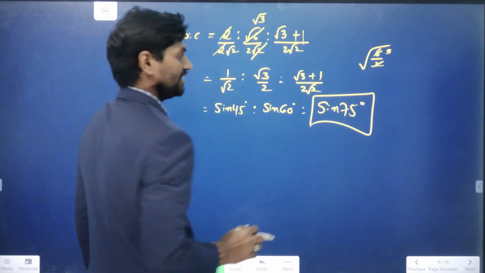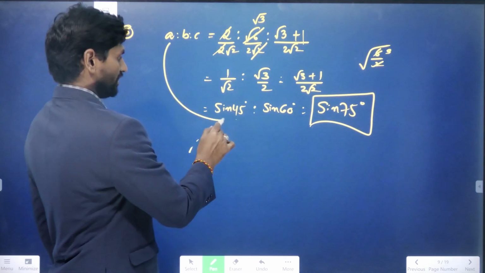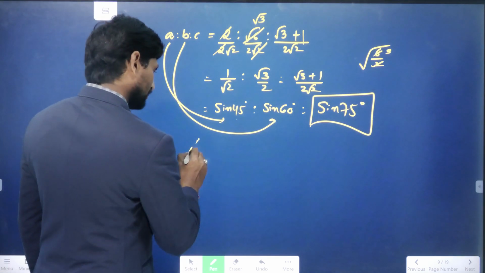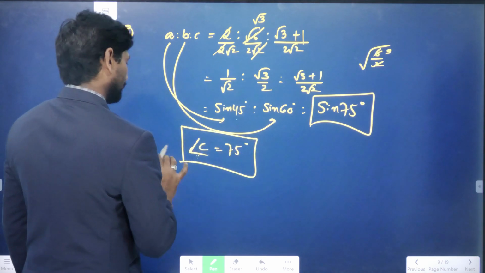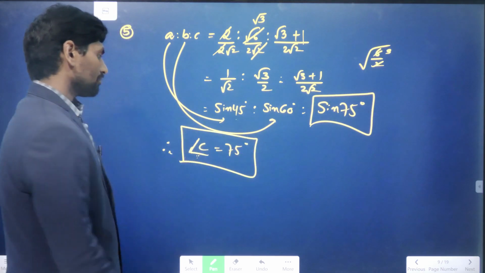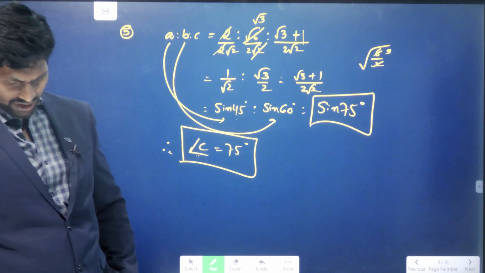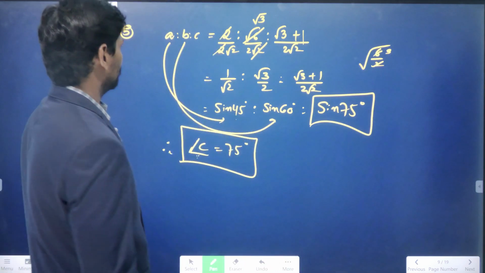Therefore angle A is 45 degrees, angle B is 60 degrees, and angle C is 75 degrees. Please note that. We will go to the next problem. Problem number 6.